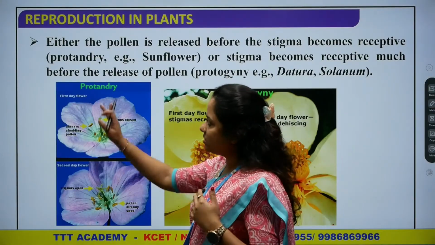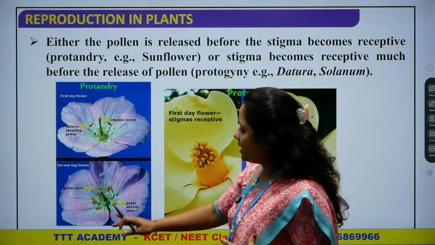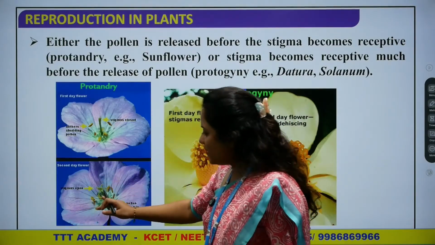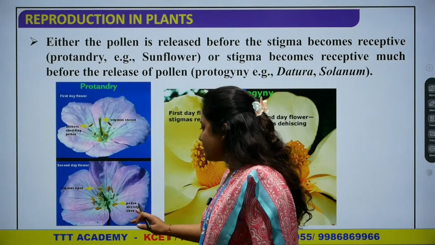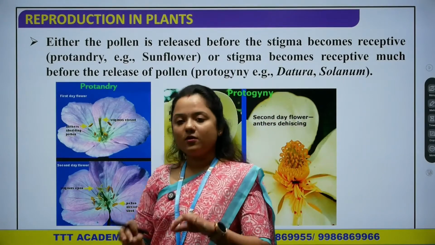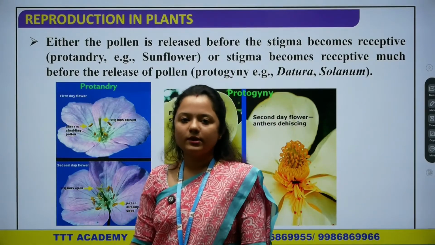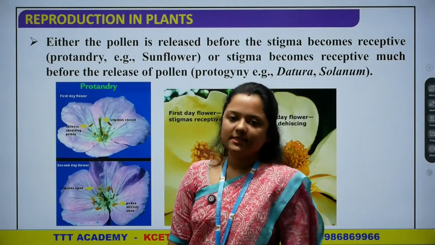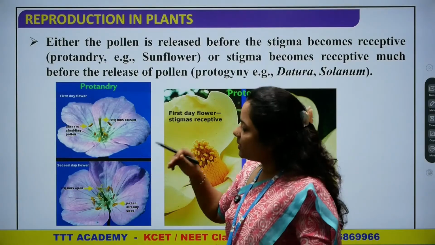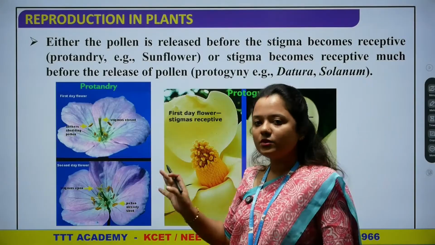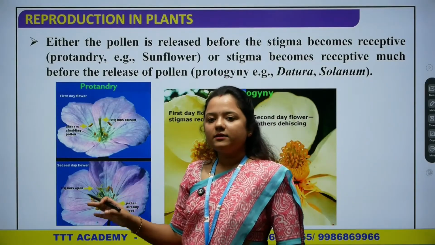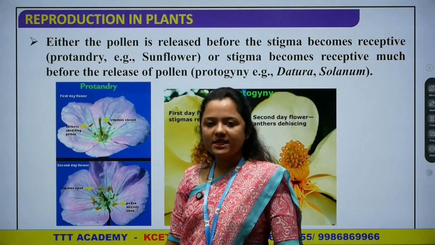That condition is called protandry. On the second day, the flower opens, but the pollen grains are already shed on the petals, the yellow ones. Now it is not shedding on the stigma. So even with the day difference you can see the inhibiting of self-pollination.